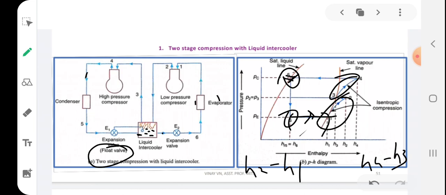When the amount of liquid goes below a certain level, this float valve gets actuated and the expansion process increases, so that more liquid is generated, and the liquid level in the liquid intercooler may be maintained at a constant level. So that is the function of the float valve. Okay, hope you have understood.